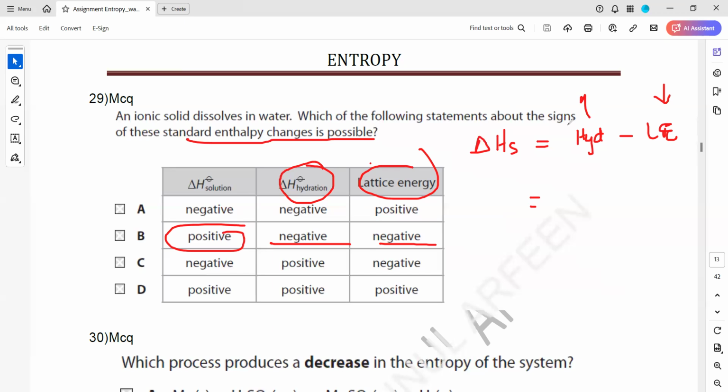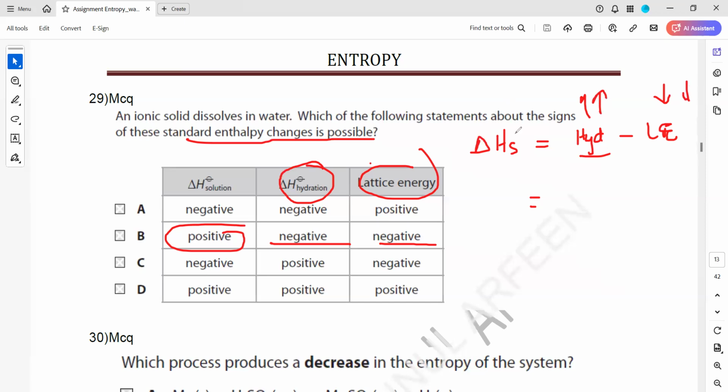Usually when a substance dissolves, the enthalpy of solution should be negative. But in some cases we may get a positive answer, when it is very slightly soluble or sparingly soluble. Is it clear? For dissolving, the enthalpy of solution should be negative because hydration should be more and lattice less.